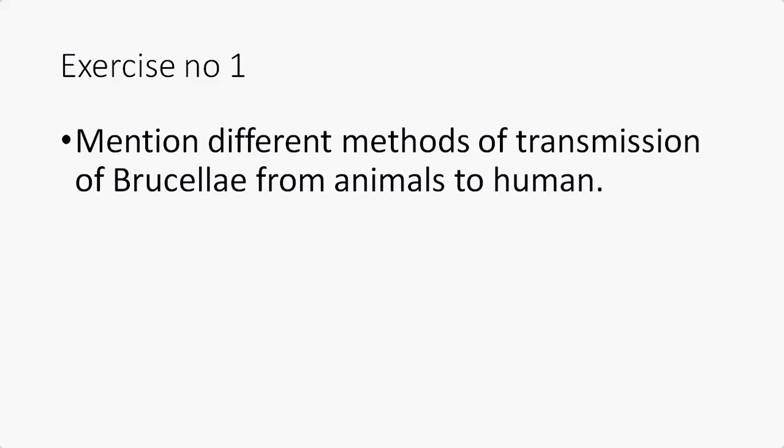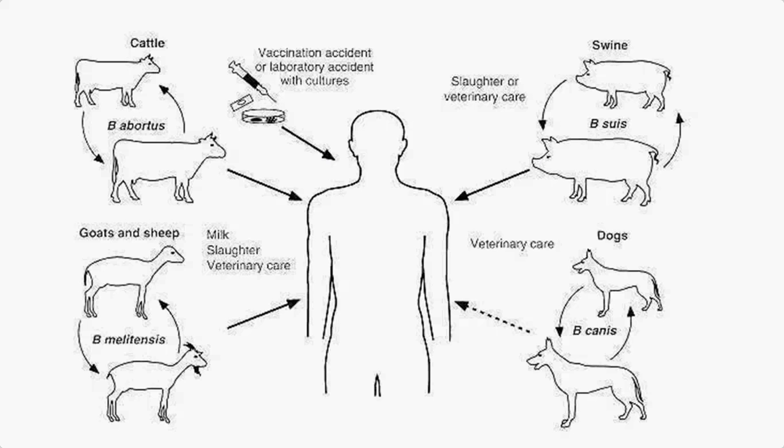The most common mode of transmission is direct contact with the infected animal, their tissues such as blood, urine, vaginal discharge or placenta, through abraded skin or mucosa. So whenever our skin or mucosa is abraded and comes in contact with such infected parts of these animals, we get a chance of infection.